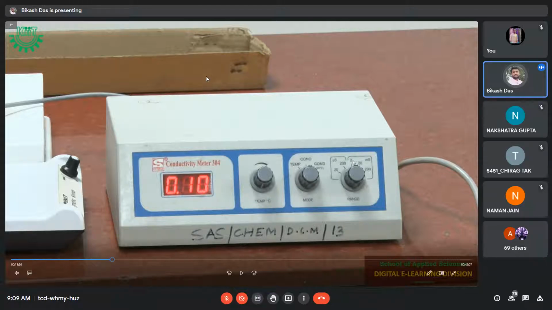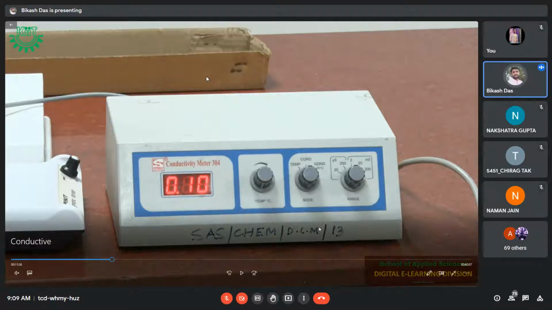Once again I repeat, for the conductance of HCl, the maximum range is 20 and the minimum range is 2. When your solution's conductance is less than 2, select range 2. If the conductance is more than 2, select range 20.